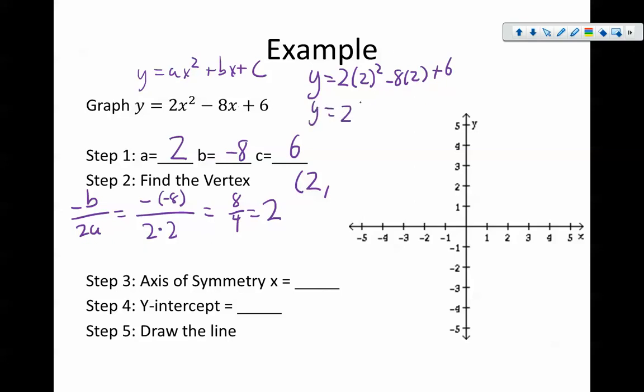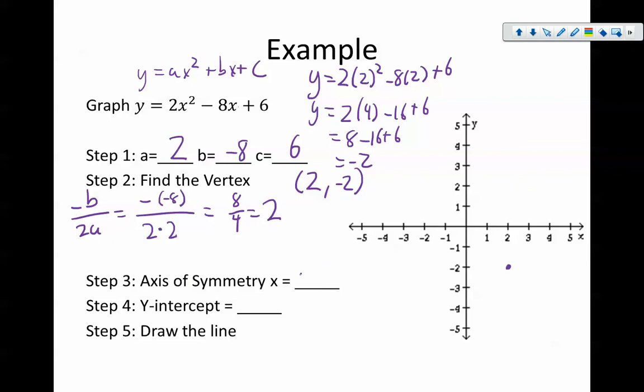This is 2 times 4 minus 16 plus 6. This is 8 minus 16 plus 6, or 2. No, -2. Excuse me. So -2. So that is my vertex, 2, -2. And remember, this is either going to be the bottom of my parabola or the top of my parabola.